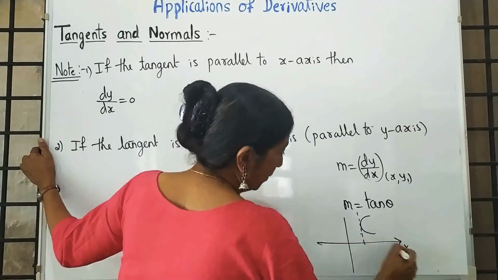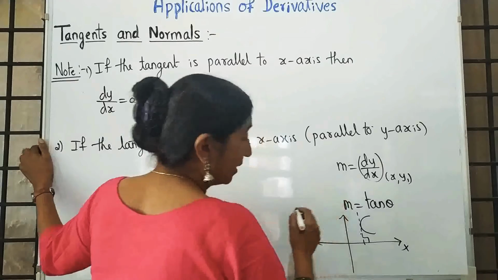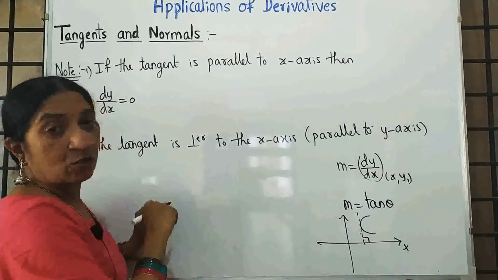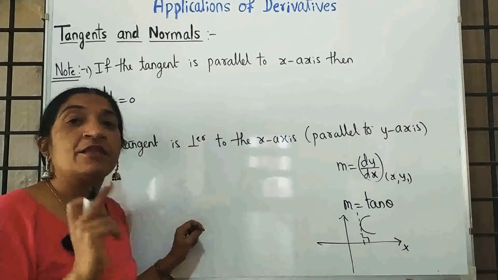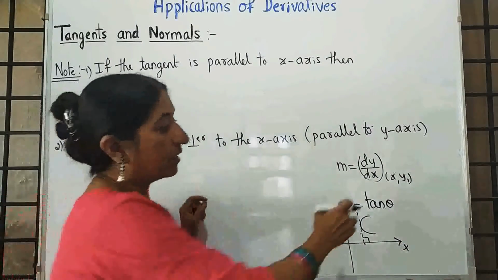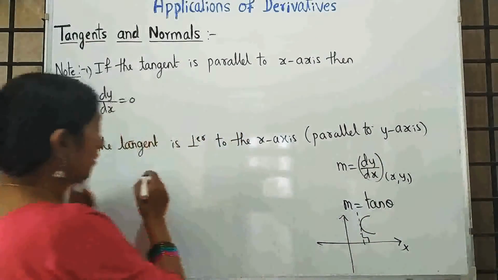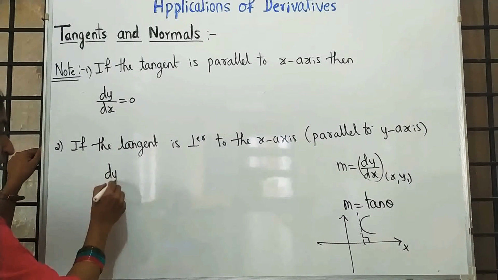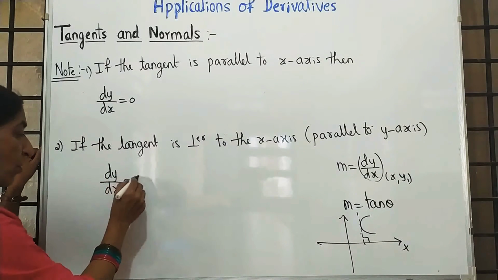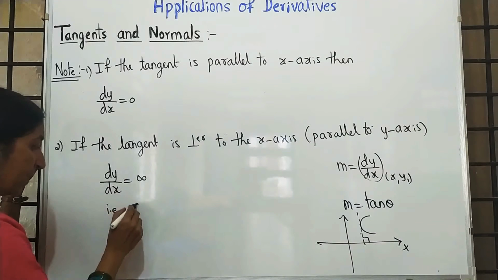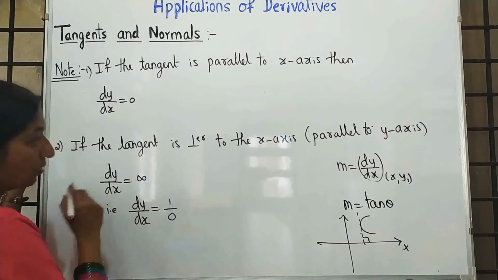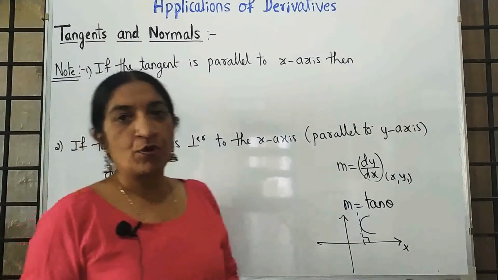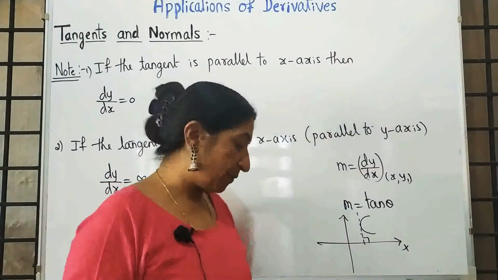It is perpendicular to x-axis, that means the angle is 90 degrees. Tan 90 is infinity, not defined. That means dy upon dx is infinity, or for our convenience, we can write dy upon dx is equal to 1 upon 0. Please note down these 2 points. This helps you to solve the examples.